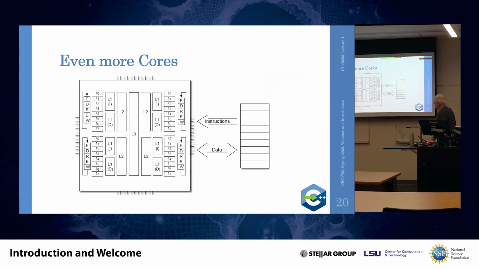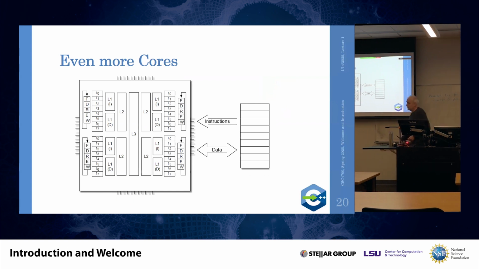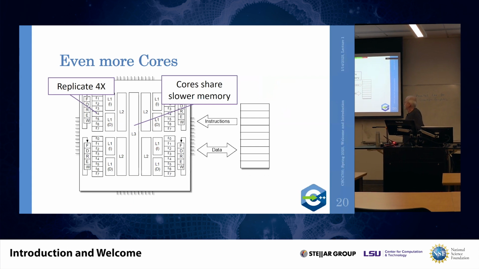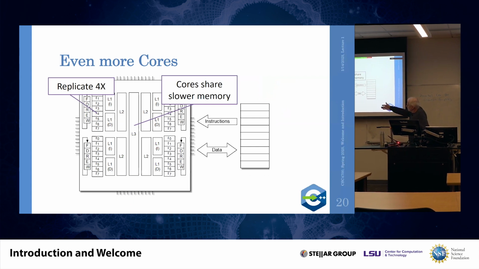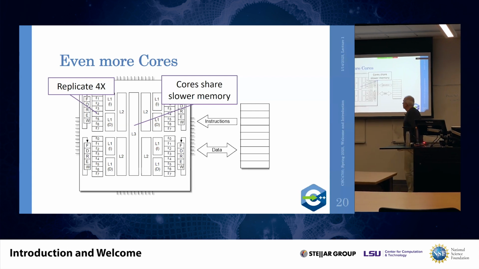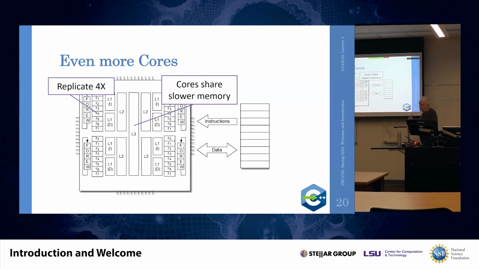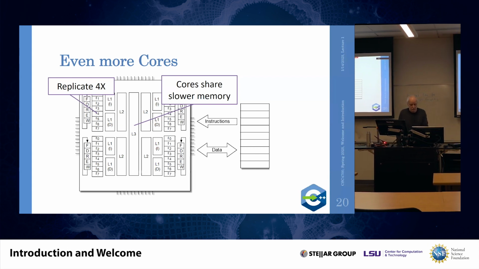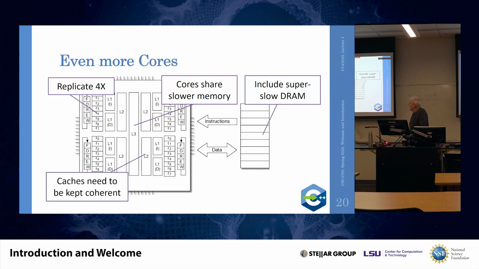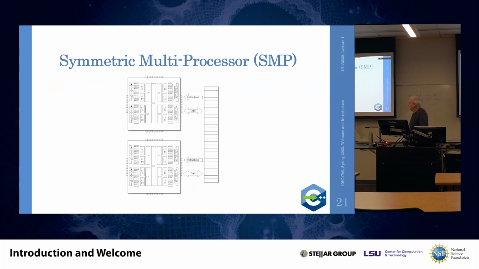Even more cores were added later on. So in this case, it's 4 cores. You still have to keep things coherent, and usually level 3 caches are being added, which requires the cores to share caches. So the logic gets more complicated. What then?